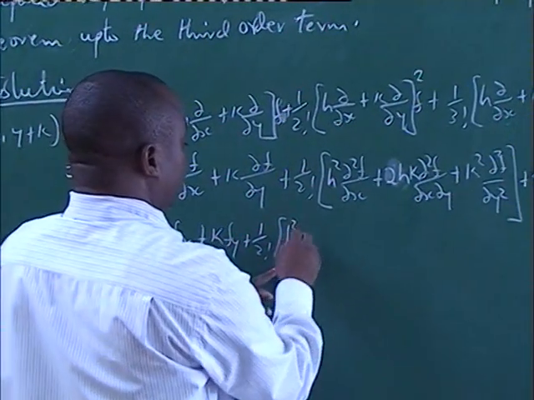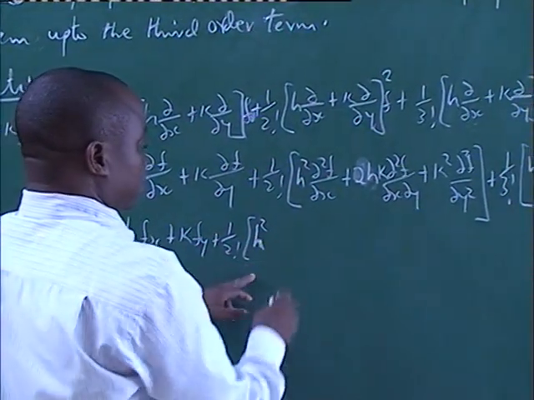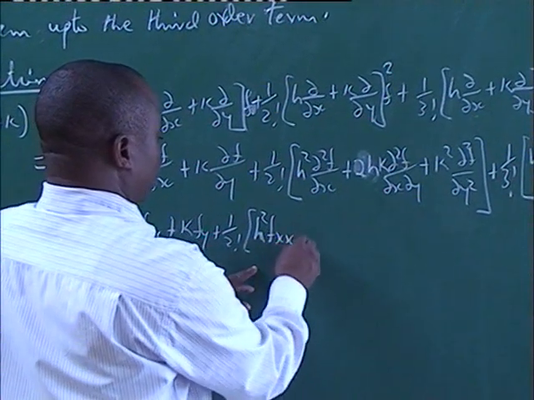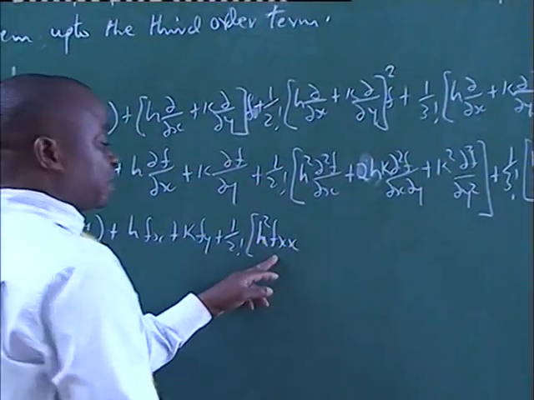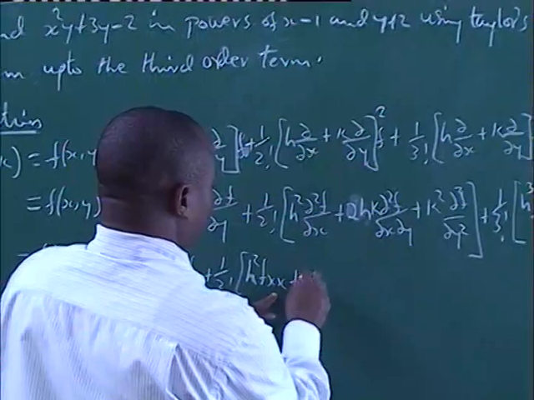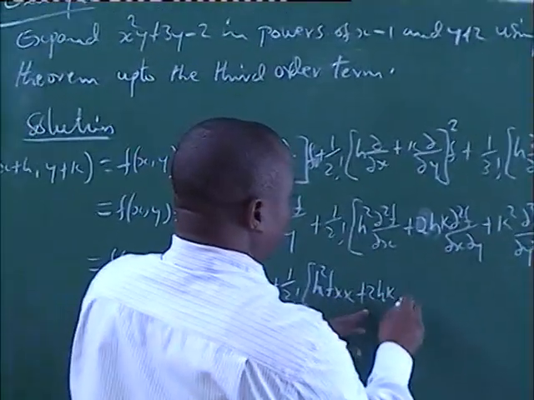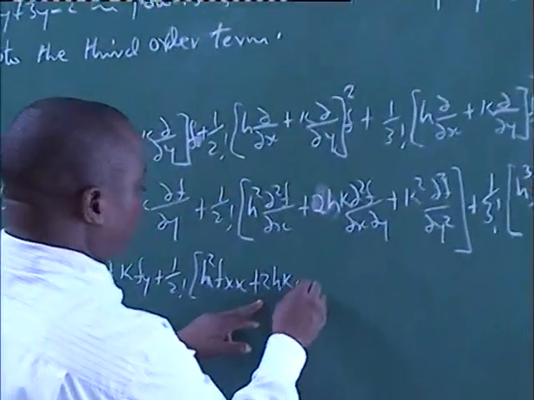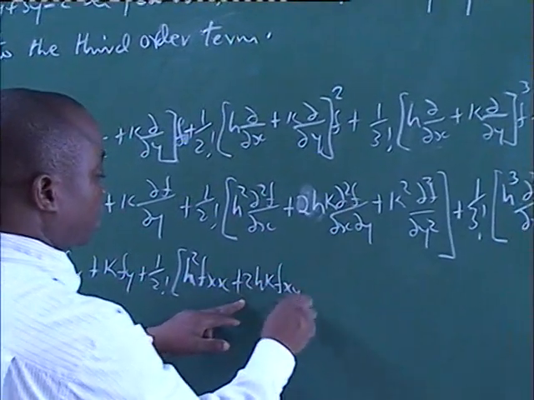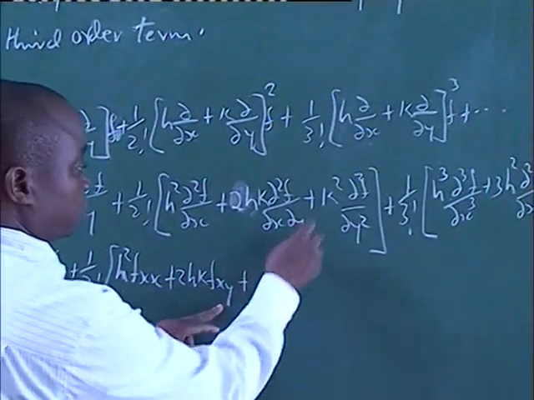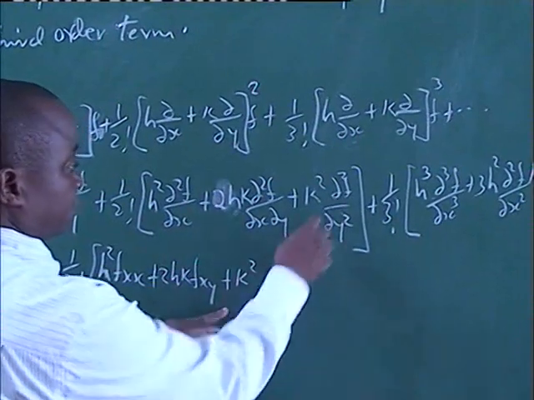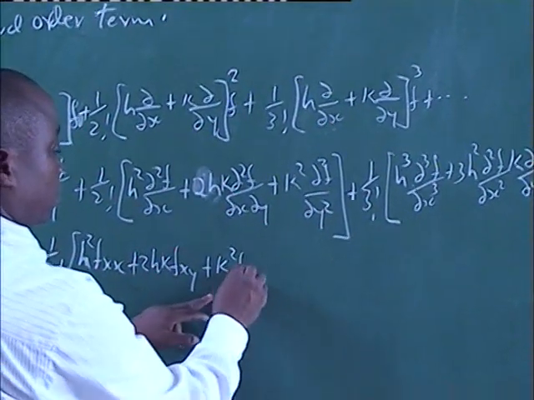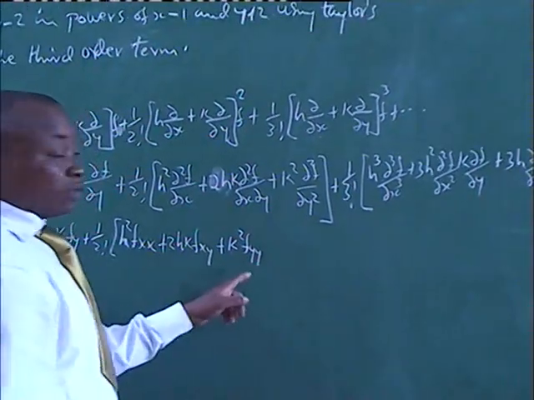Then we have h squared, then we have the second derivative of f with respect to x plus 2hk. Then we have f of xy plus k squared, then we have the second derivative of f with respect to y.